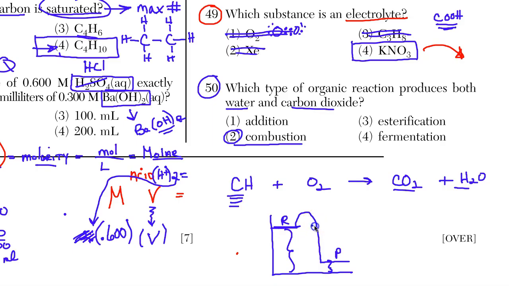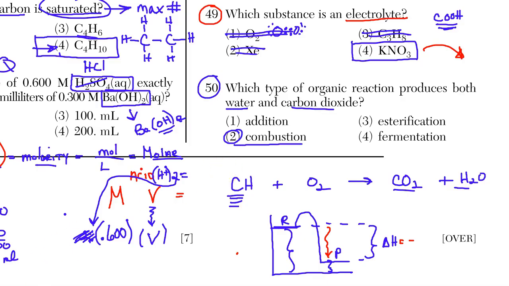Therefore, the difference of where you start and where you finish is our delta H. Remember that enthalpy is the change in heat, and because you're going down, delta H is negative, which means exothermic. There's a place to look to remind yourself what combustion is.